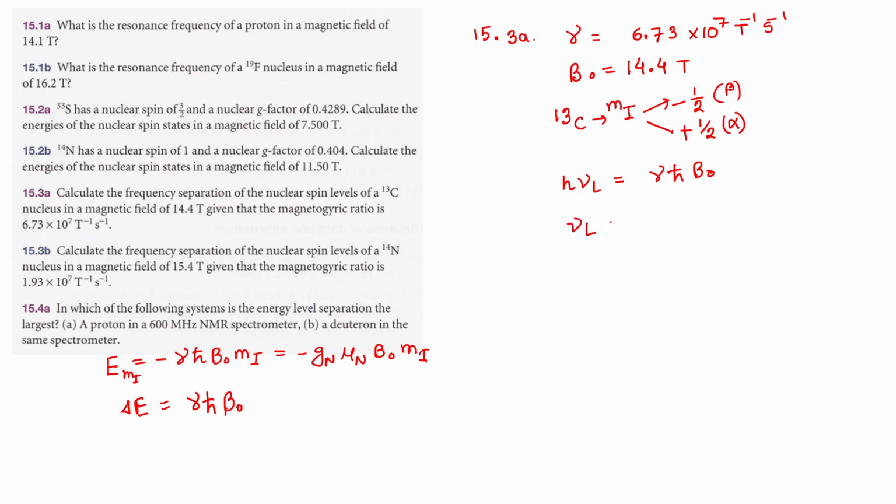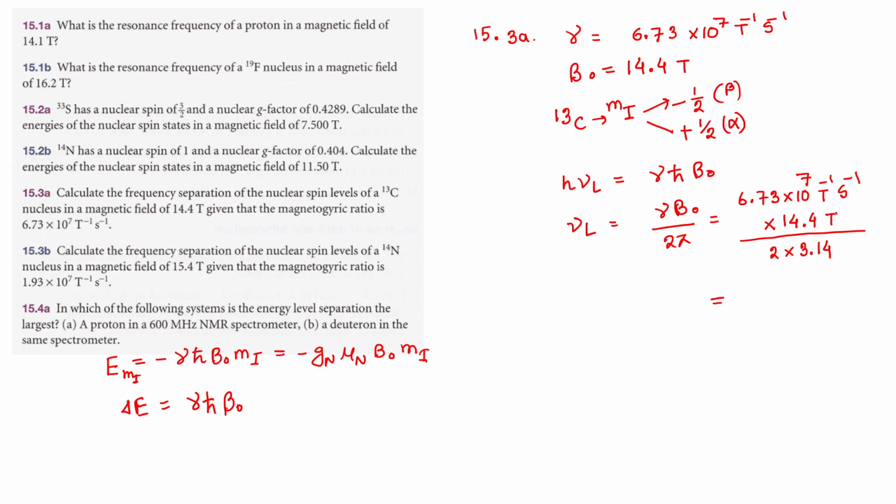So nu L would be gamma B0 by 2 pi, where gamma is given as 6.73 into 10 to the power 7 Tesla inverse second inverse, multiplied by 14.4 Tesla divided by 2 into 3.14.